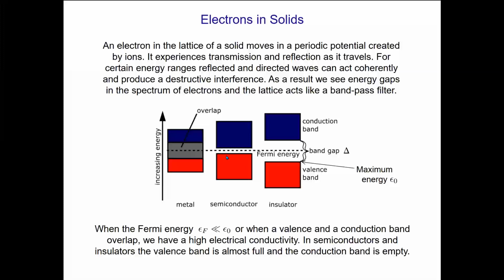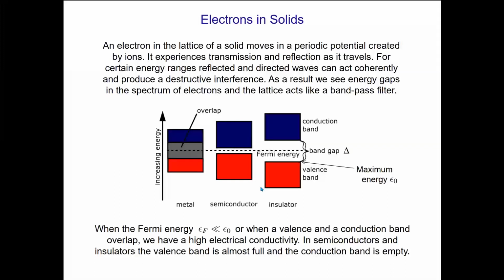And occasionally some electrons can jump from the valence to the conduction band and give the semiconductor some electrical conductivity, okay? Much less than in metals, but they can still jump, okay?